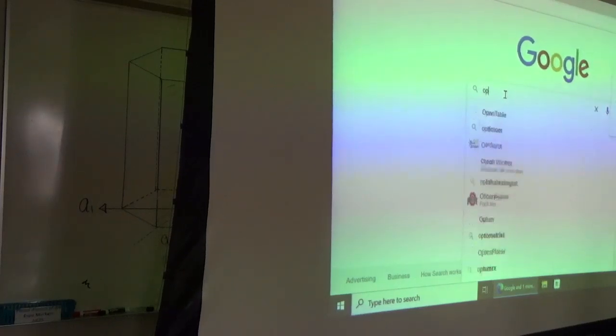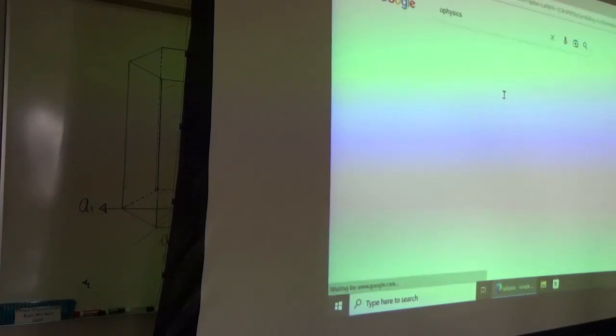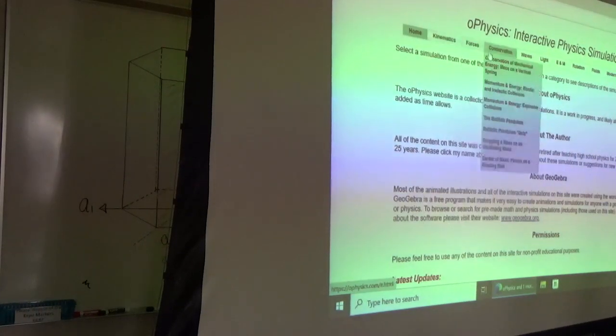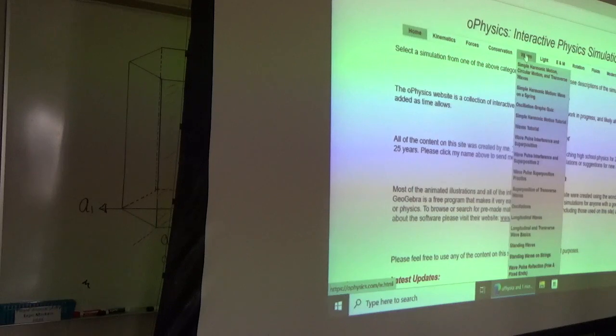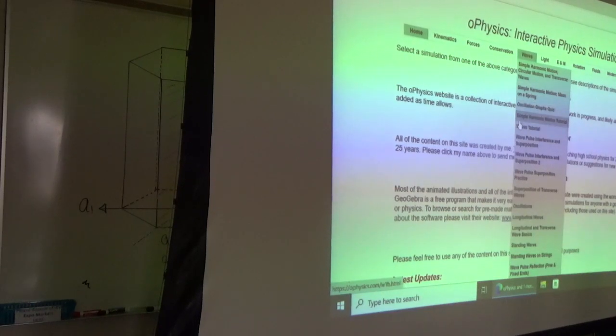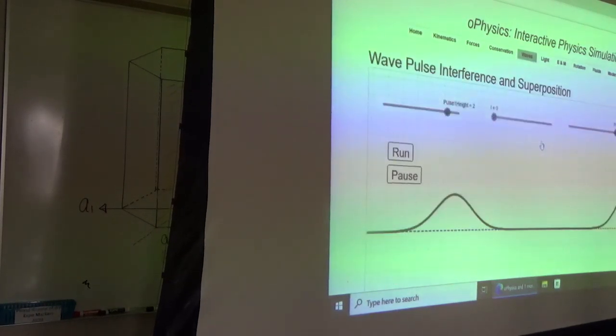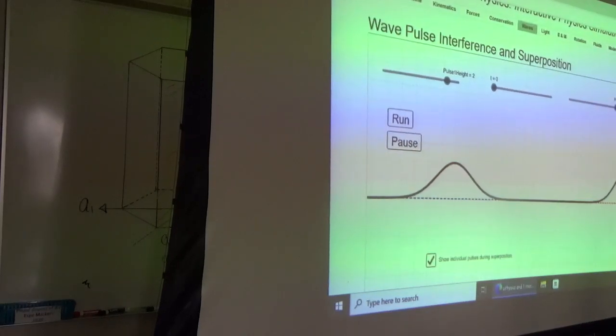It is called O Physics. It is for free. And look for waves. Let's see. Interference and superposition. Maybe this one. Yes. Perfect.